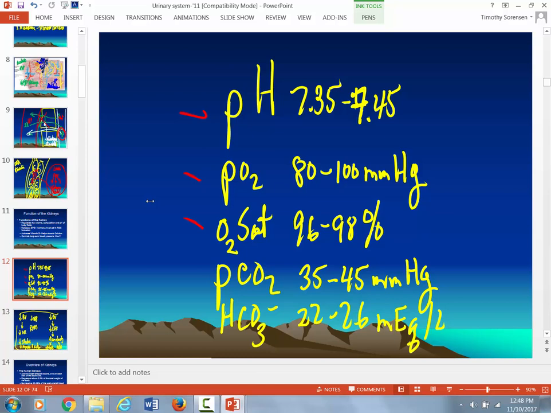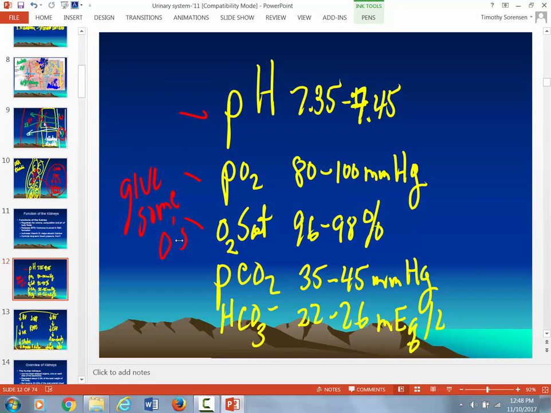They do not affect the pH of the blood directly. All these numbers tell you is whether or not you have to give them oxygen. That's it.